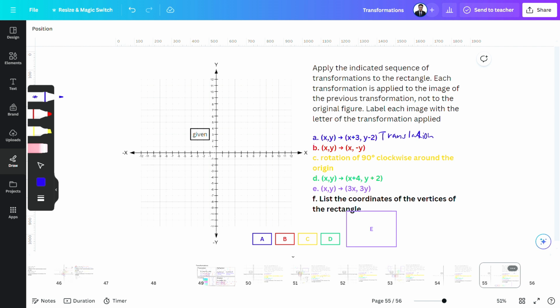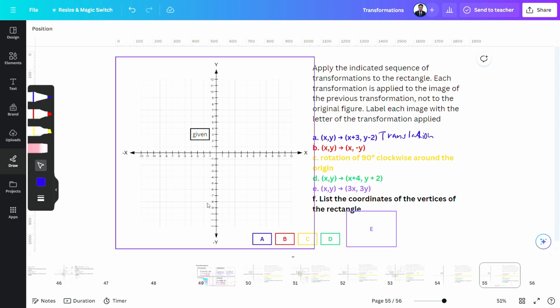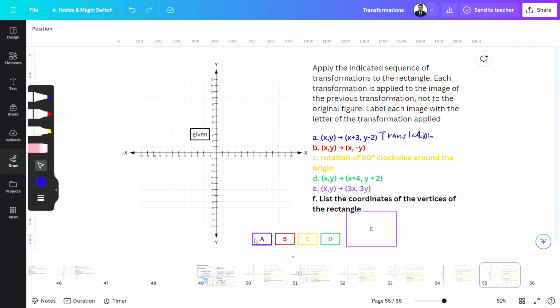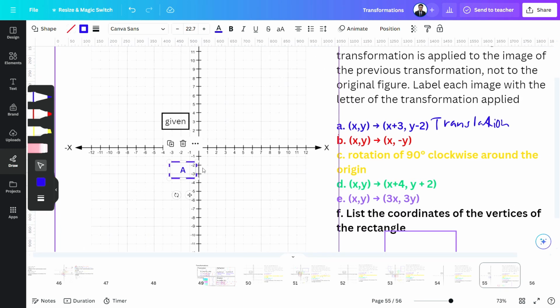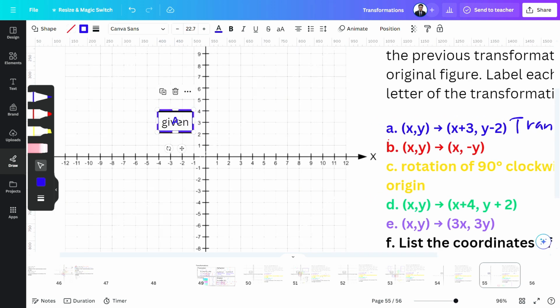In our translation here, it says x plus 3 and then y minus 2. Meaning to say, what we will do here is we will move the figure 3 units to the right, and then 2 units down. Because when we move along the x-axis, it's either only left or right. And when we move along the y-axis, it's going to be up or down. So let's say our original figure is here. And then we will move 3 units to the right.